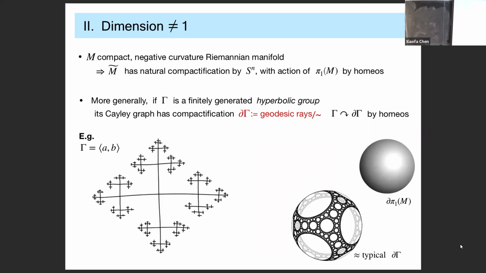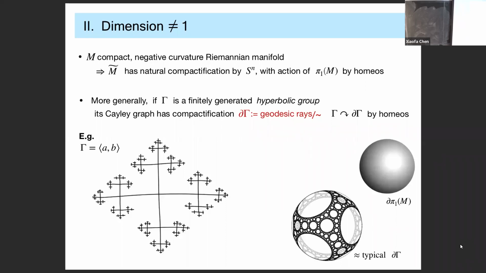So here's my example to demystify this concept. My group is a free group on two generators. Draw its Cayley graph with this generating set, in this direction, in that direction. It's an infinite four-valence tree. And the boundary is really just the boundary of this tree, which is homeomorphic to a Cantor set, the space of ends.